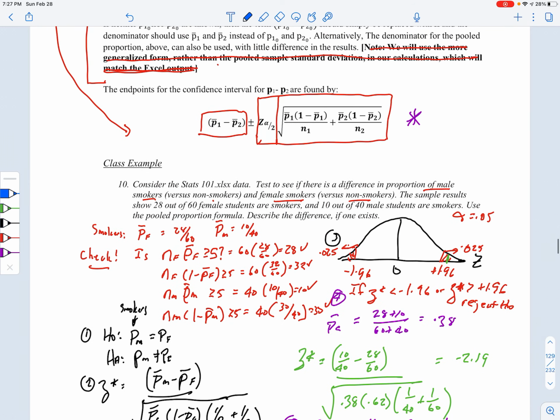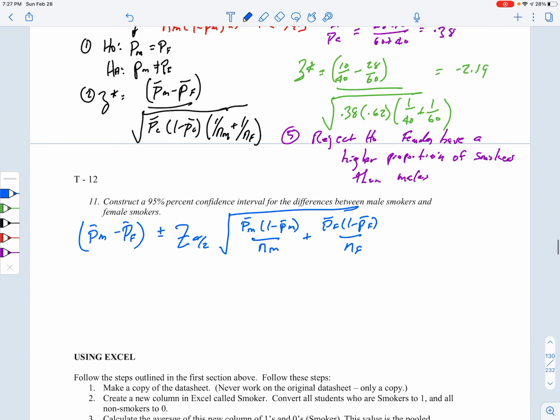plus the P bar for F times the 1 minus P bar for F over the N for F. So that is going to give us 10 over 40 minus 28 over 60 plus or minus 1.96.